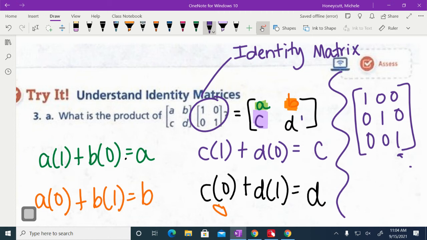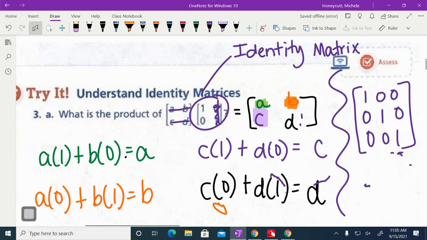Whatever I multiply, so this is the element in row 1, column 2, I would multiply row 1 by column 2 to get B. And this element, row 2, column 2, I'd multiply row 2 by column 2 to get that. So whatever element it is, that's the row and column that you multiply.